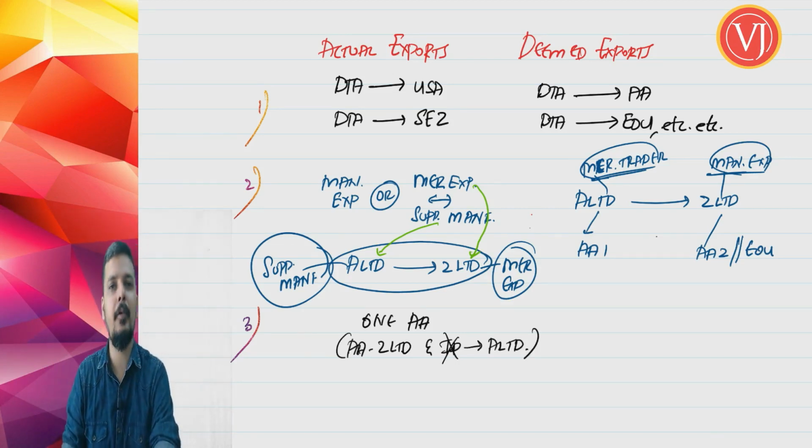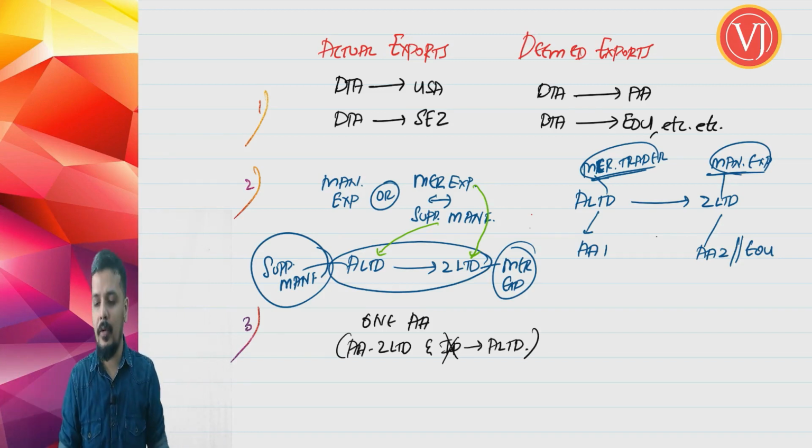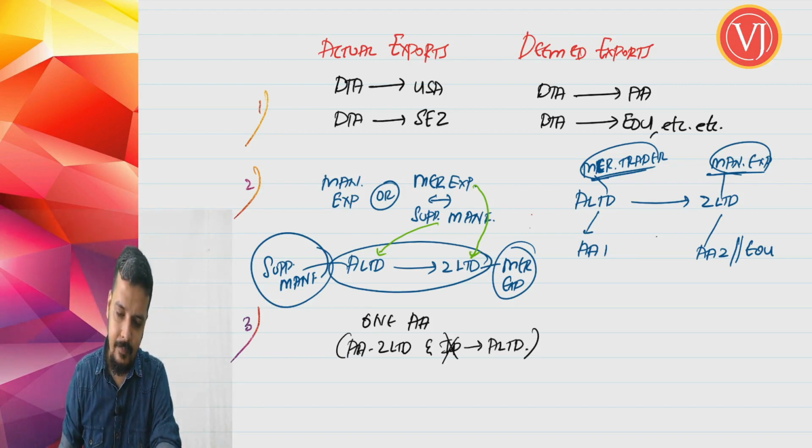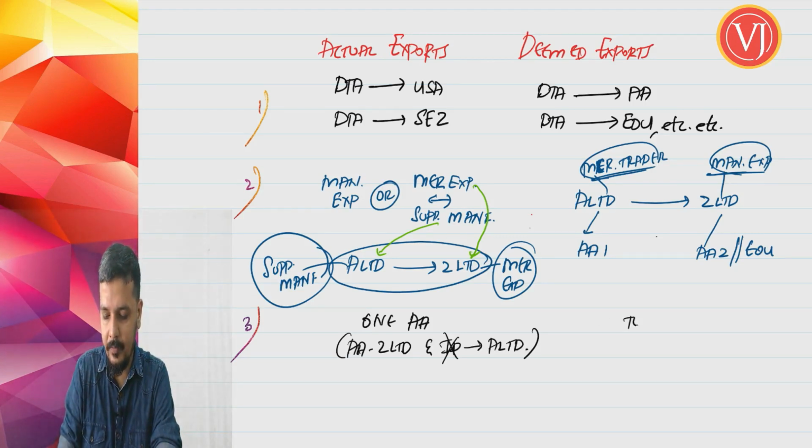So A Limited is importing the inputs and giving it to Z Limited. He is not doing any manufacturing work. So he is a merchant importer and trader. He is not an exporter. Now, friends, if you look at the scenario, there are two advance authorizations here, the first advance authorization and the second advance authorization.